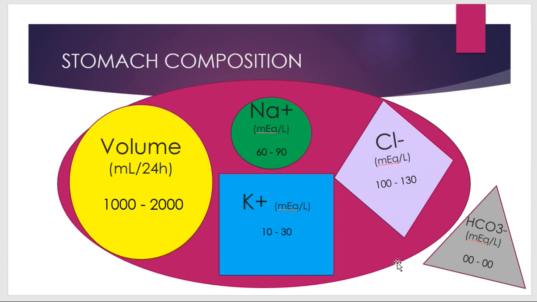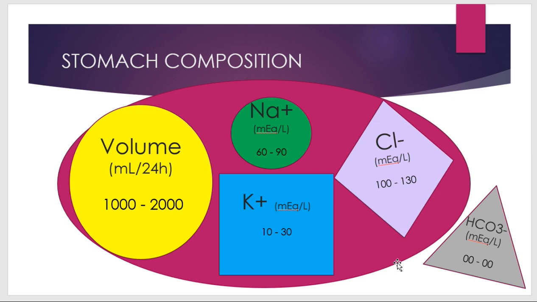So we don't want some alkali to be there to neutralize it, to obstruct the process of digestion or the function of the stomach. It is against the function of the stomach. That's why bicarbonates are not seen in gastric secretion.